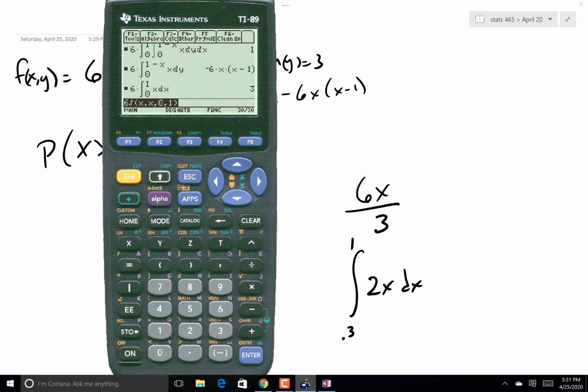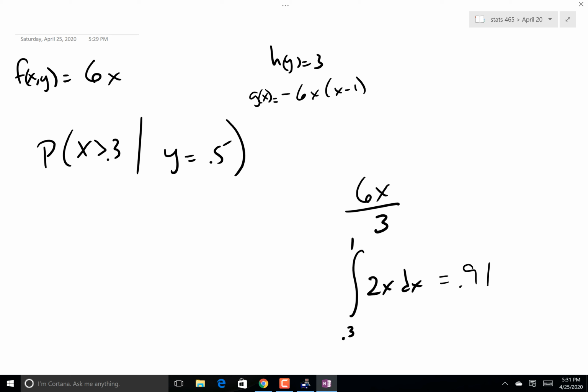Let's see what happens. 0.91. You're like, what did I do with this y equals 0.5? Exactly, you don't in this case, because there's no y in the problem. If the y had been in the problem, I would shove that in the place of y in that case, and be good to go.